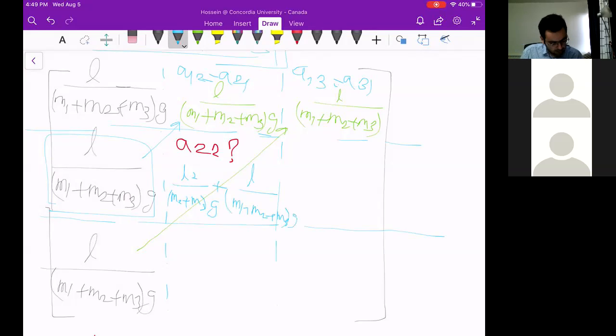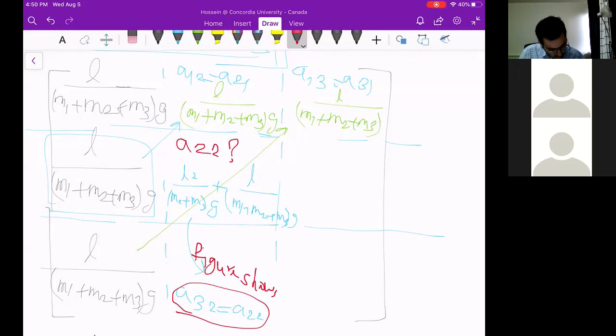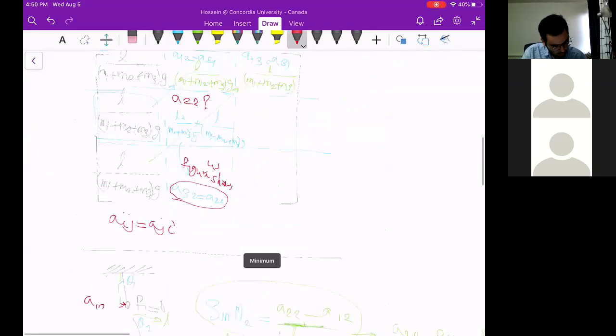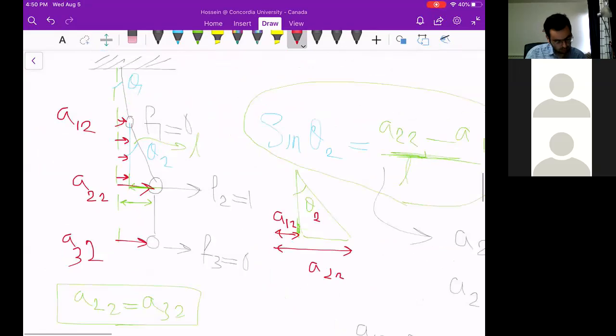So A32 is equal to A22. Why? Because the figure shows us here that A22 is equal to A32.